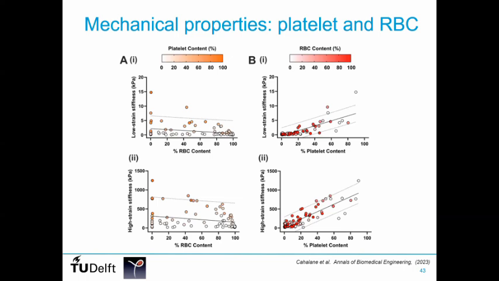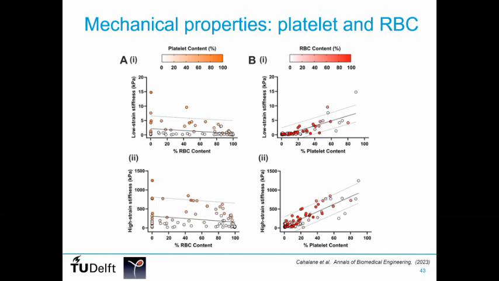So here we've got the 0% red blood cell samples, and the more orange it gets, the more platelets are in that sample. If we look at the red blood cell concentrations for these samples, the impact of the red blood cells on the stiffness is less than for the patient data, and you can see that the platelets seem to have a role in the stiffness values as well.